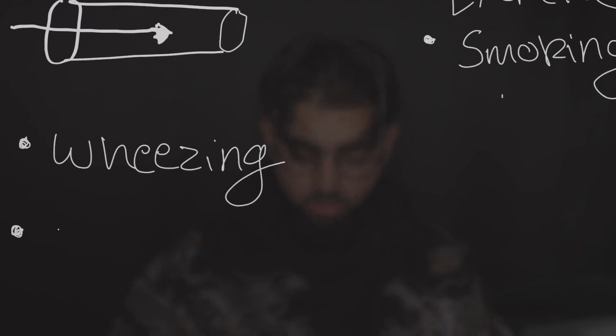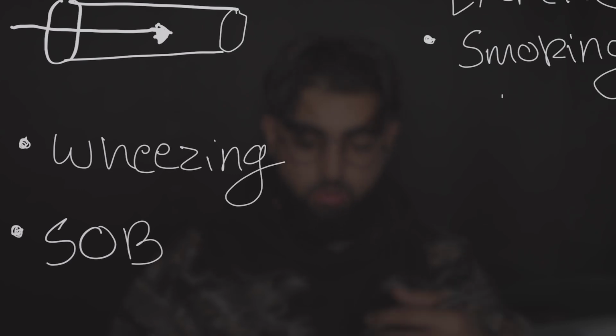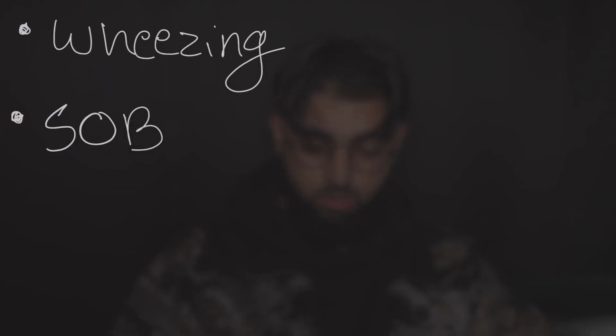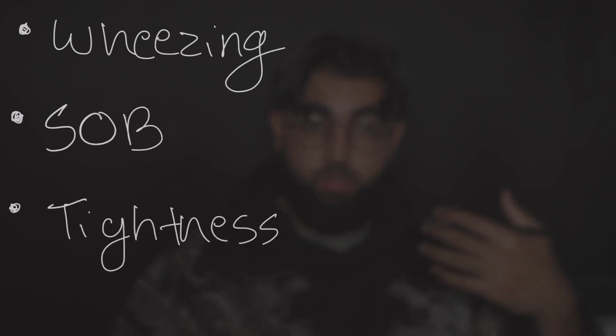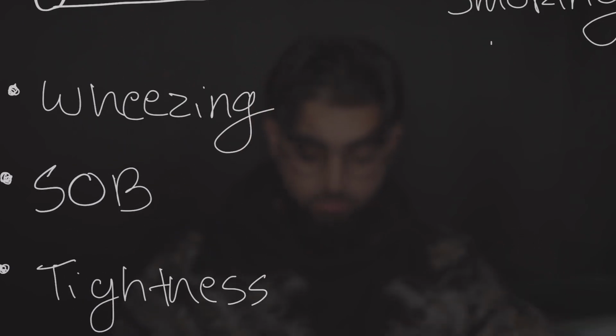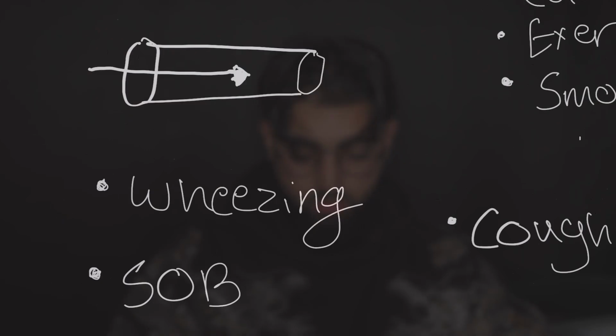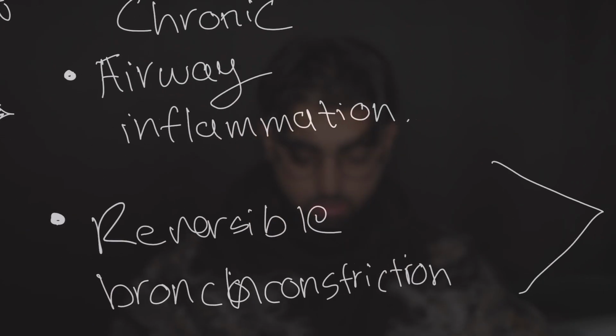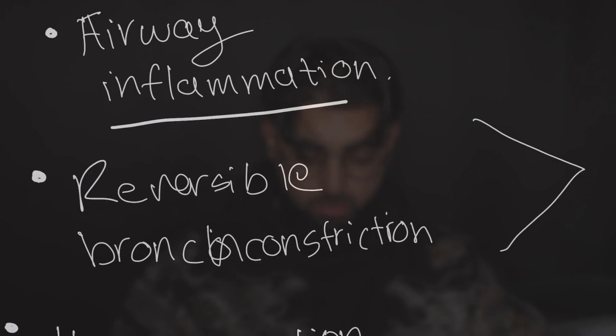It can also lead to the shortness of breath that patients experience. You can also experience tightness within the chest area because it quite literally is constricting of the airways within the lungs. And sometimes there can even be pain involved during this process, as well as coughing. So that process is what we call the chronic airway inflammation.